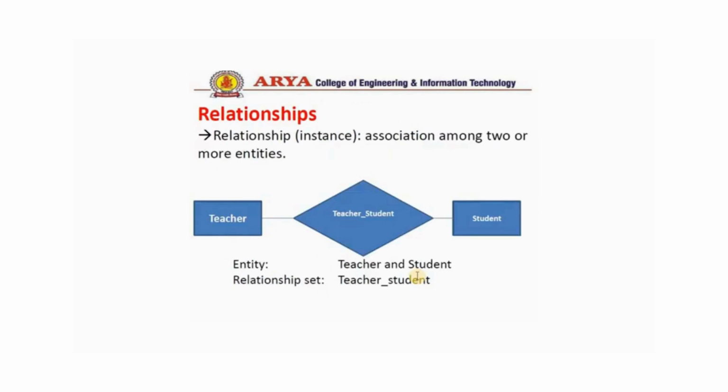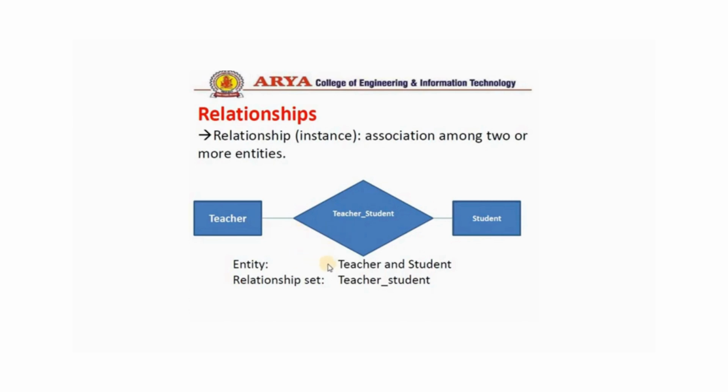Now we discuss what is a relationship and the different types of relationship. A relationship can be represented by a diamond symbol. It is an association among two or more entities. When we connect two or more entities, we use a relationship. A relationship shows the connection between different entities.